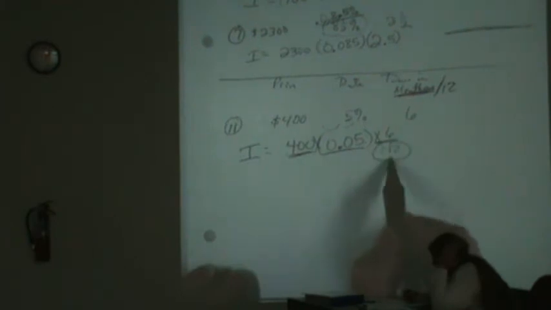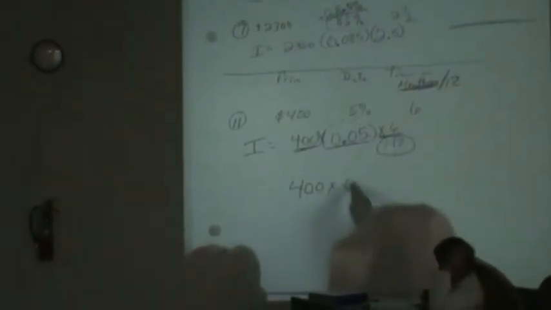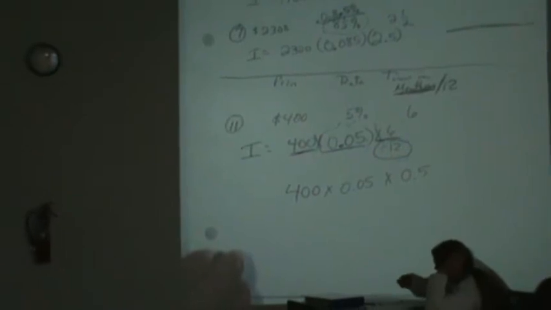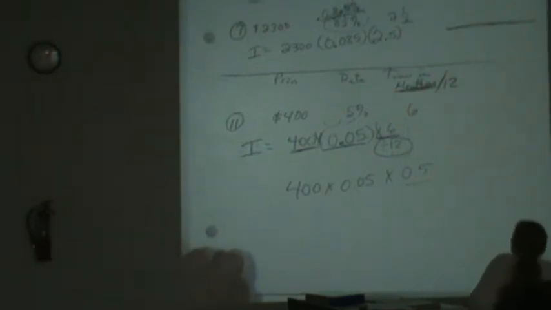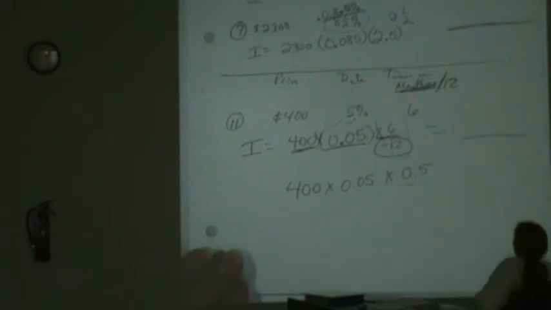If you want to practice and see if it comes out the same, multiply those 3, divide by 12, and then try doing it with 0.5. It should come out to the exact same thing. If it does turn into a decimal, you can use it that way, it's okay. So just multiply that, and that's your interest. That's how simple it is.